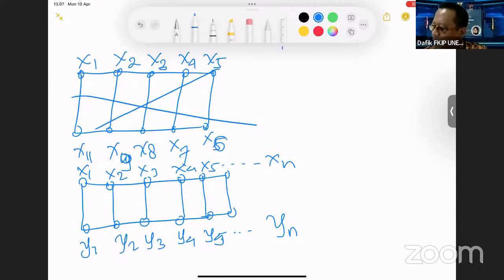So you need to have this. Look at this one here. If you have this notation, what is the vertex set?